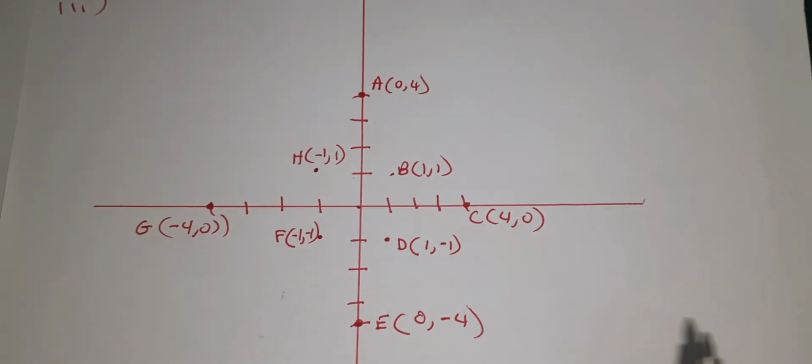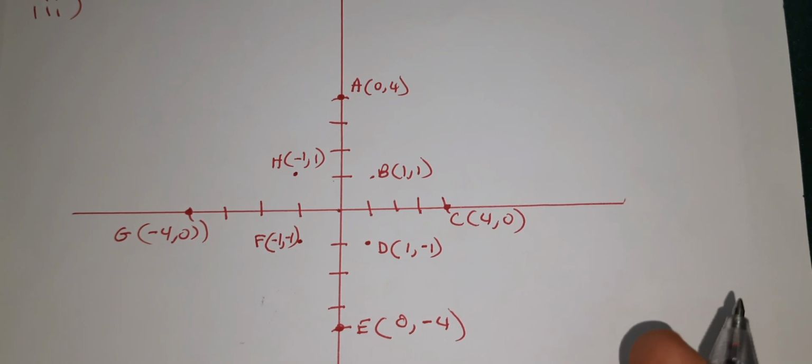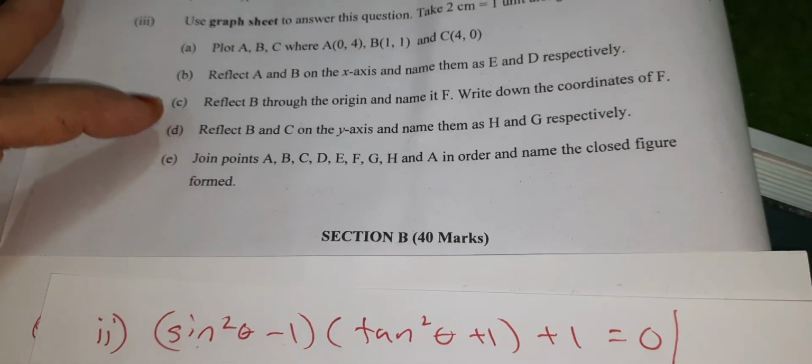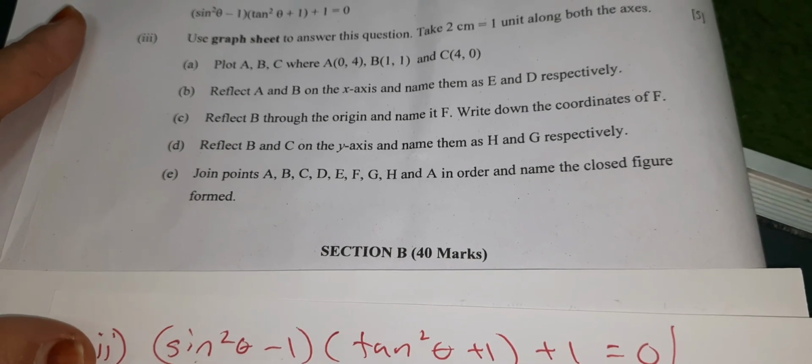So what is the last step they want? Join A, B, C, D, E, F, G, and H and A in order and name the closed figure. So let's join all of this.